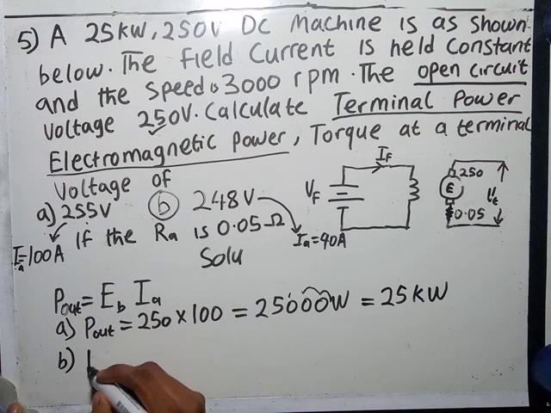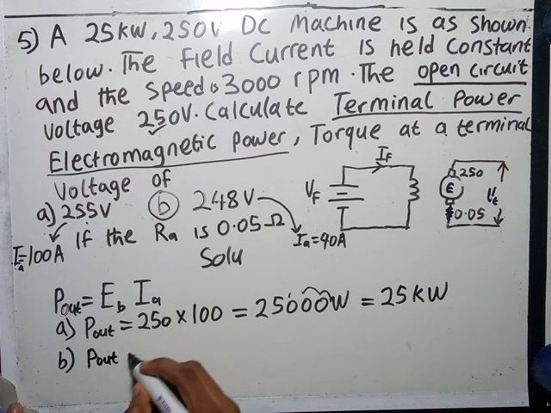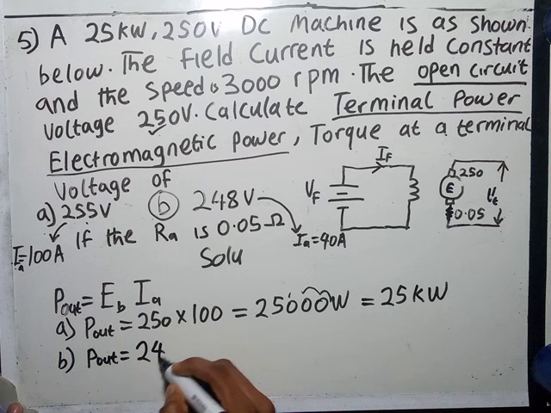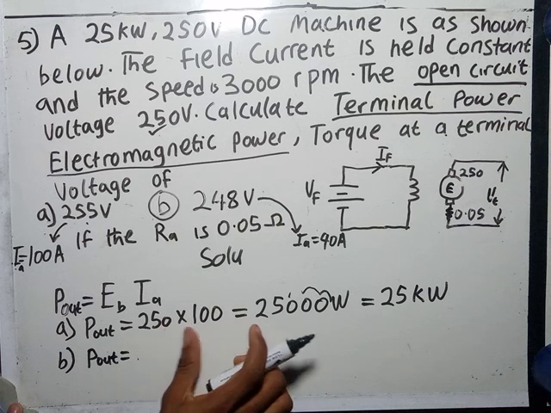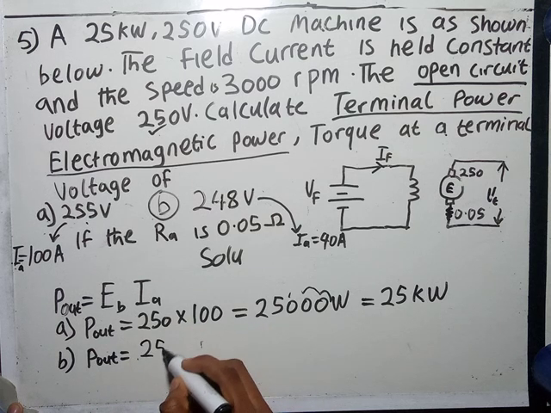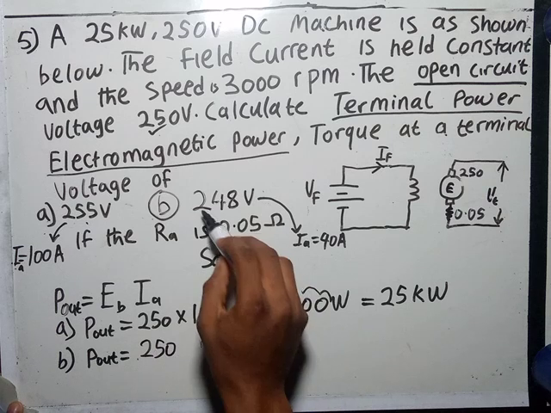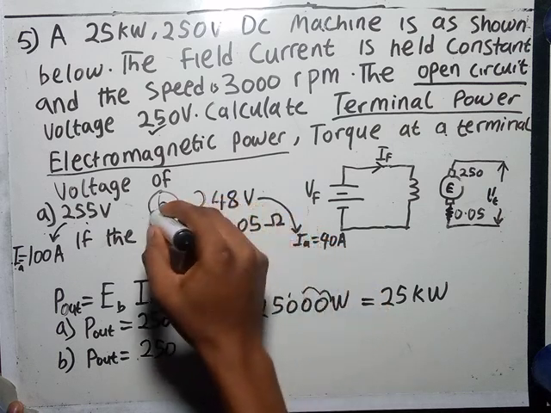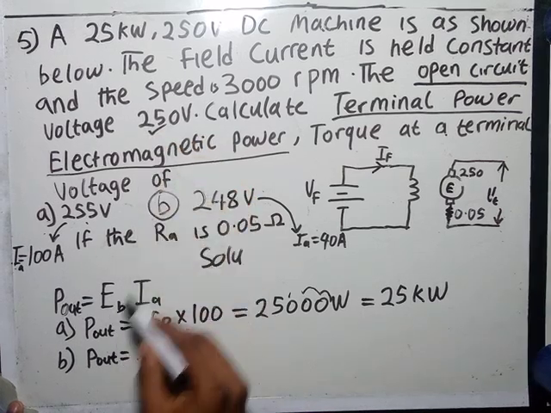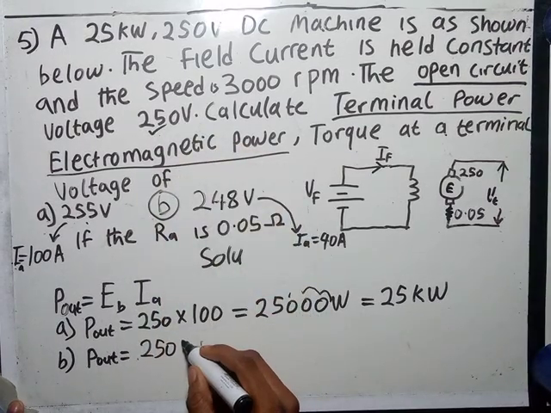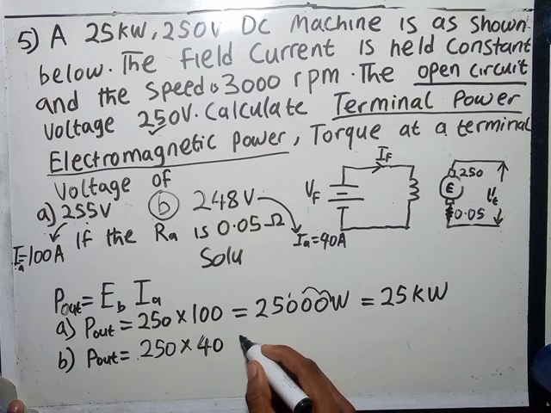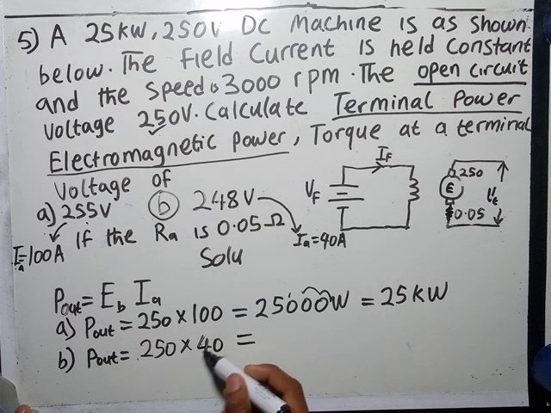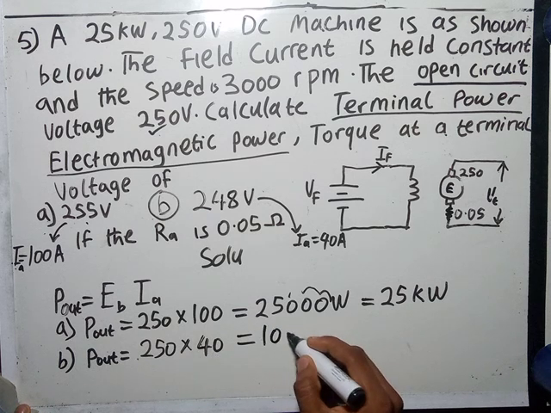For B part, we have our P out, 248 times, it is not 248. 248 is VT. These two values are for VT. Our EB is 250. So 250 times 40 is equal to, this times this is 100, then the extra zeros.